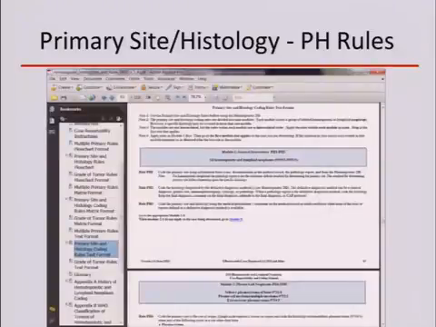Each of the modules has this section at the top, and it tells you what's in that module. There will be some notes, and it also tells you what histologies, what codes are covered in that module. So you should always confirm, if you're using a pH rule, that the histology is in your list.